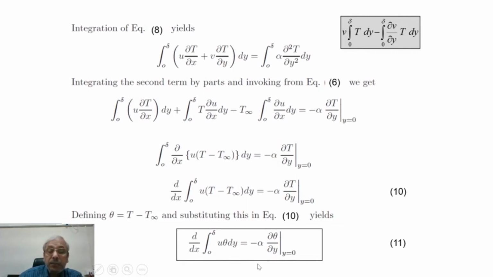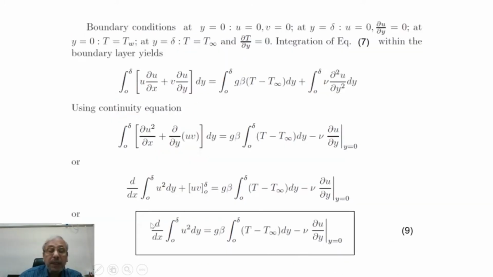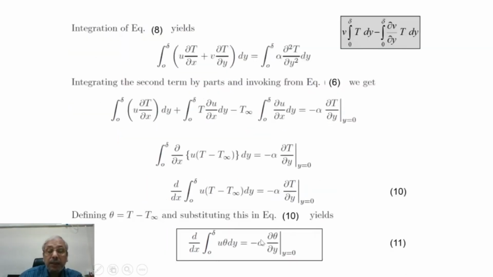And this, for natural convection situation, is the energy integral equation given by this expression. So we have to recall basically the momentum integral equation and energy integral equation. If we can solve these two, we will get the velocity field and temperature field.